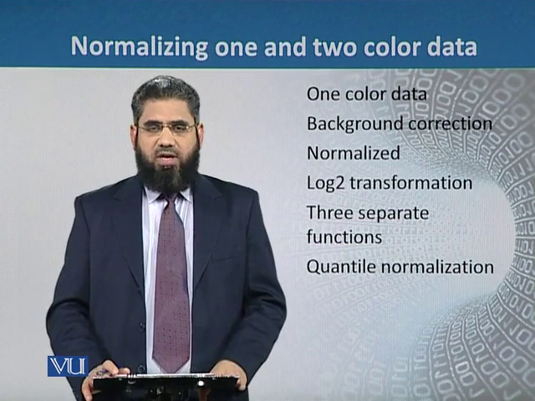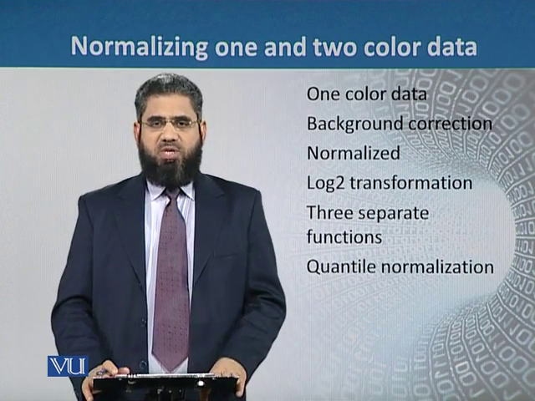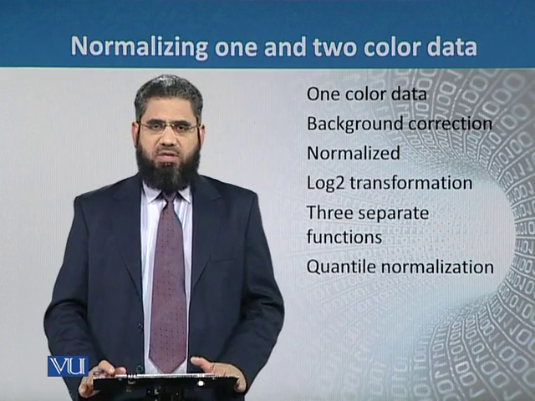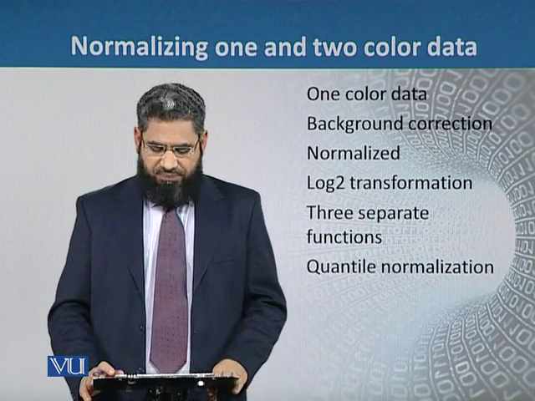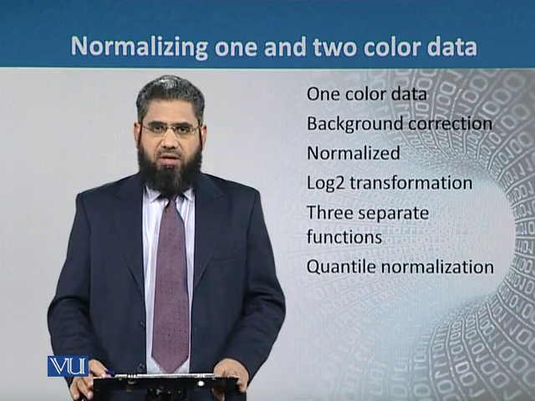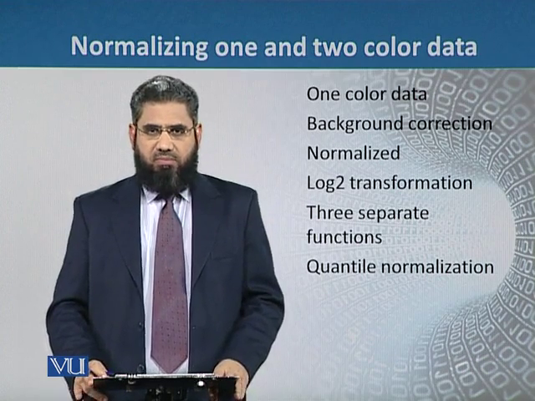So for the 1 color Agilent data, the same process will be applied. That is, we have to do the background correction and then the data will be normalized. But we cannot visualize the data for the 1 color Agilent.